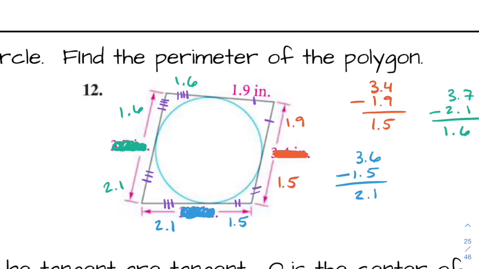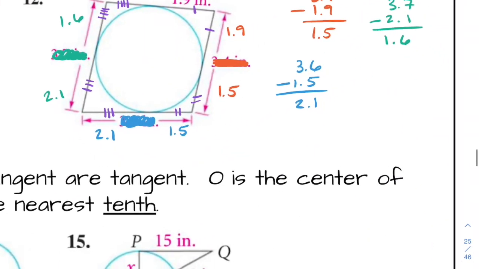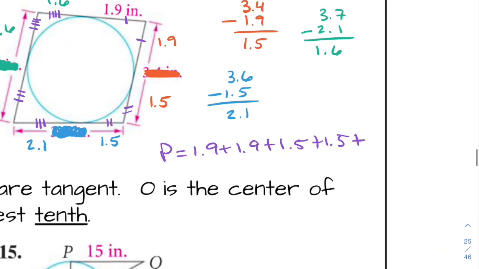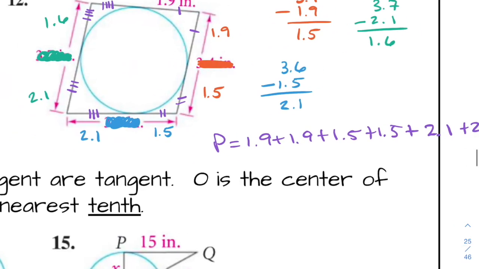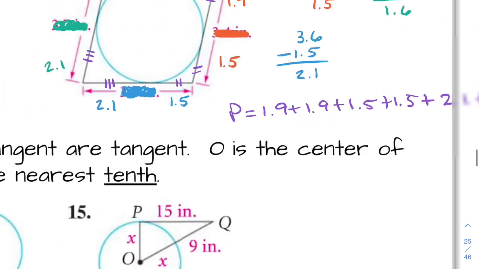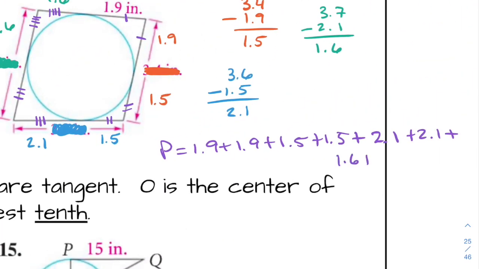And right now, I am going to add them all together. So the perimeter is going to be equal to 1.9 plus 1.9 plus 1.5 plus 1.5 plus 2.1 plus 2.1 plus 1.6 plus 1.6.